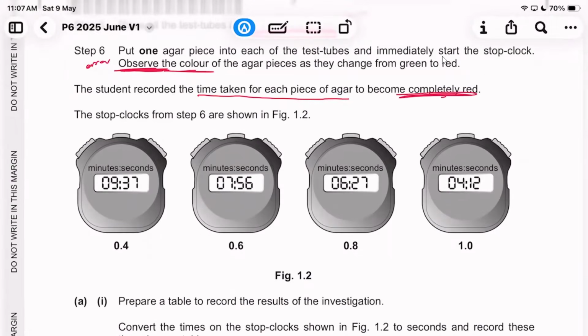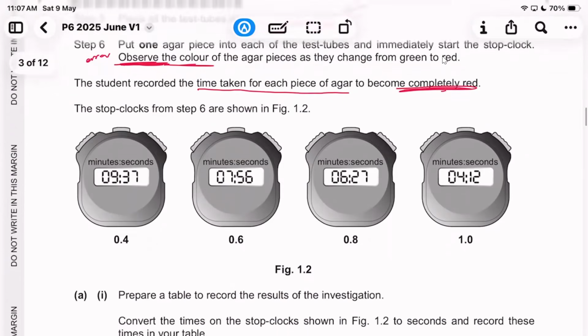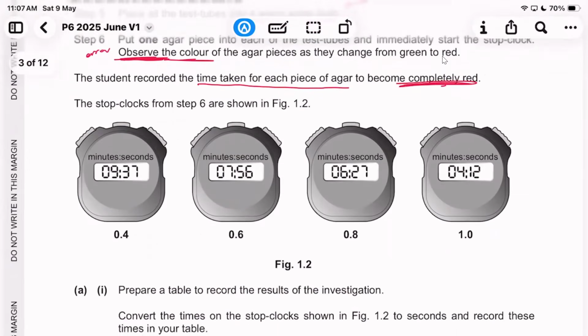The first one, 0.4, the first concentration, 9 minutes and 37 seconds. 0.6, 7 minutes and 56 seconds. 0.8 concentration, 6 minutes and 27 seconds. And the highly concentrated one, 4 minutes and 12 seconds.